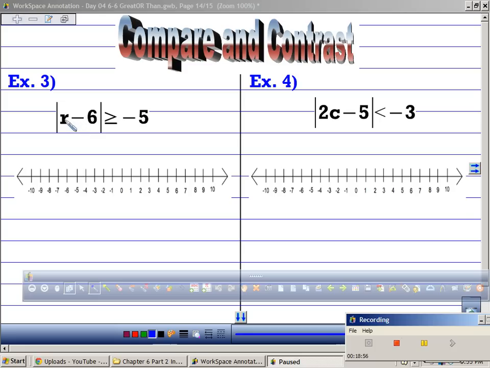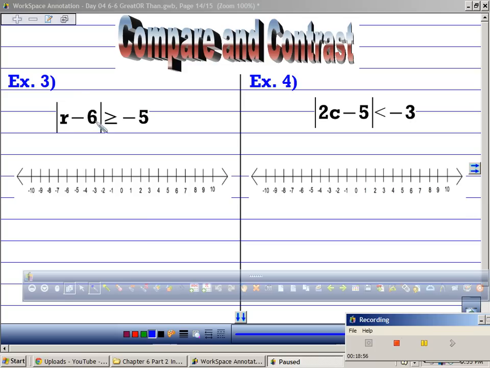The distance between r and 6 is greater than or equal to -5. Okay, well, first of all, we know with absolute value, distance can never be negative. So whatever the distance between r and 6 is, it's not going to be a negative number.